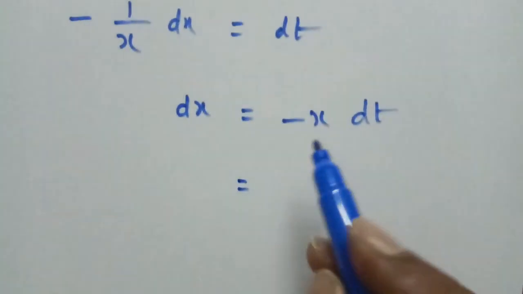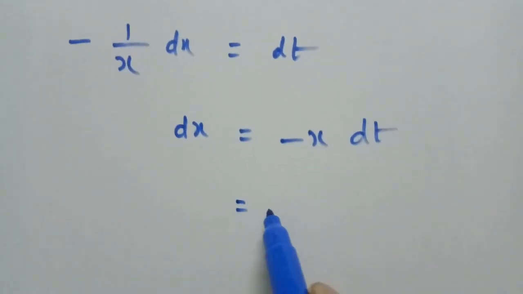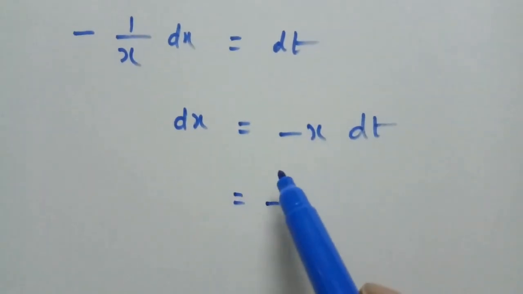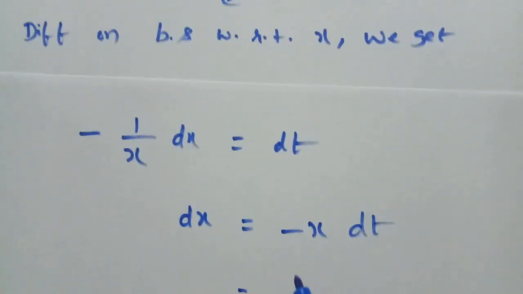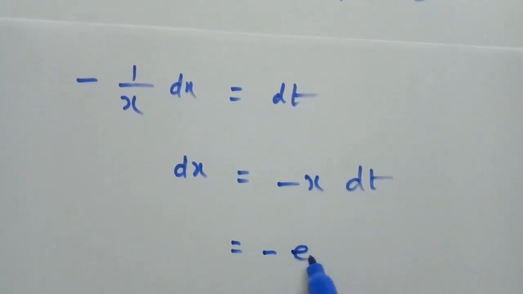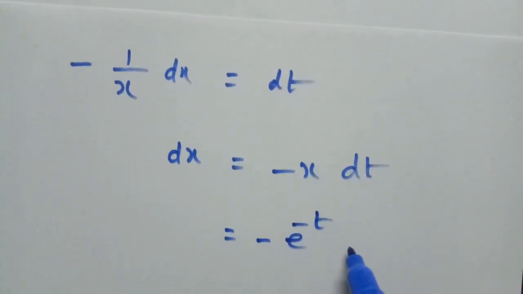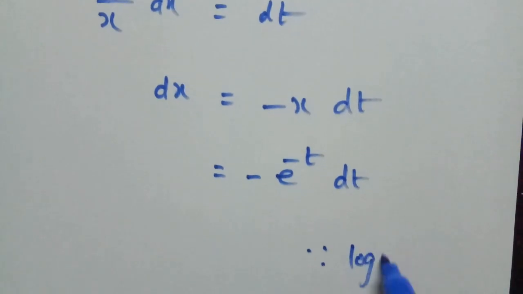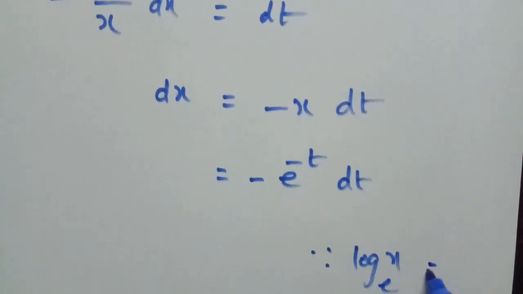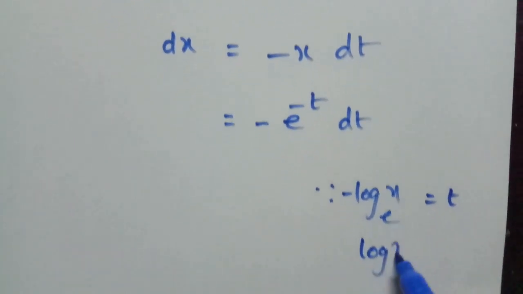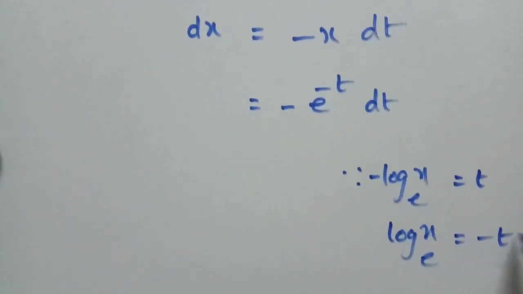Now x is equal to e to the power of minus t, since log x base e is equal to minus t.